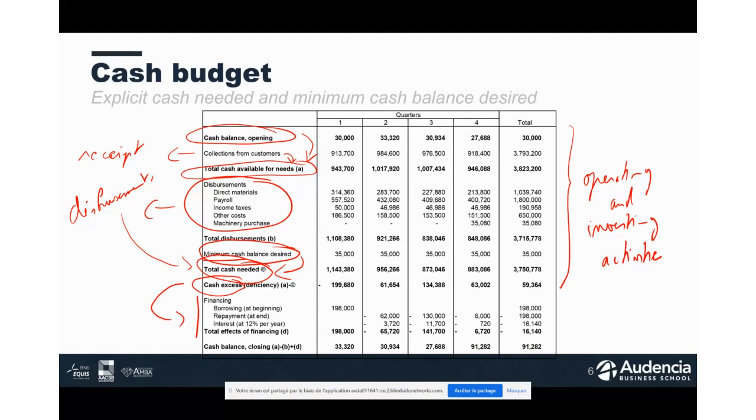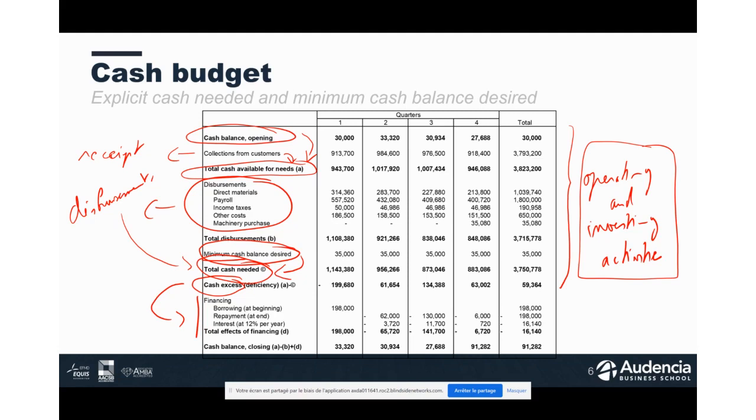In function of this, you will decide about your financing activity. Do you need to have more new debts than repayment of debt? Or you can have more repayment of debt than new debt? Do you need to issue shares, if we suppose the cash budget is for all the company? So the financing activity is in function of the rest of the activities, in function of the operating and investing activities, and you calculate what you need in function of the cash excess or deficiency.